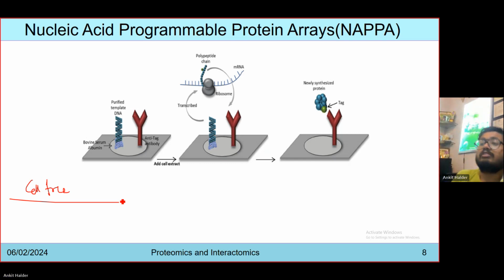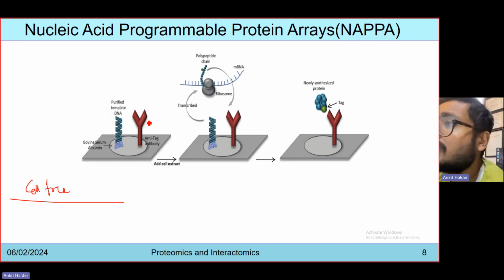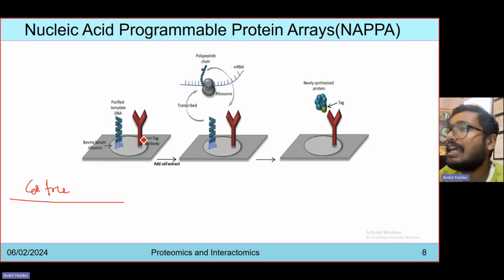So what we are doing is that on the chip we have the purified DNA template, the BSA, and all the different extracts that are required for the production of the proteins. And we are keeping an anti-tag antibody.